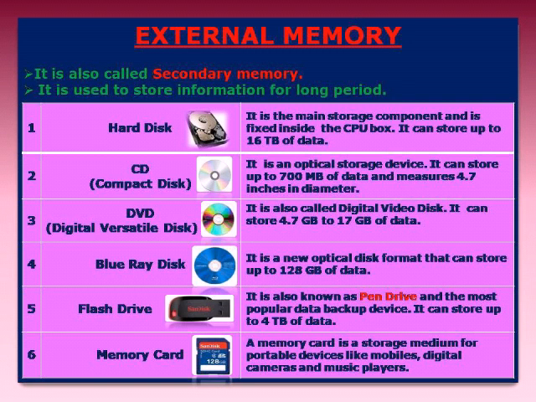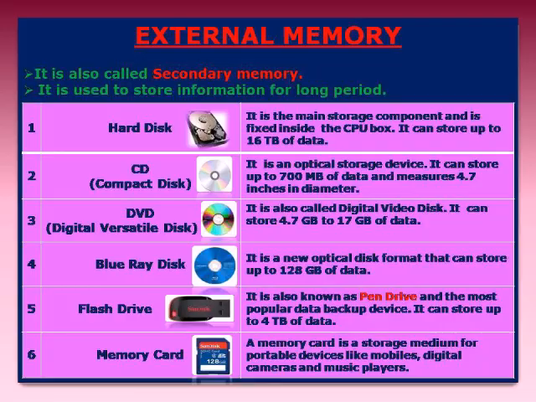It is also known as pen drive and the most popular data backup device. It can store up to 4 TB of data. And the sixth and last one is memory card. A memory card is a storage medium for portable devices like mobile phones, digital cameras, music players, etc.